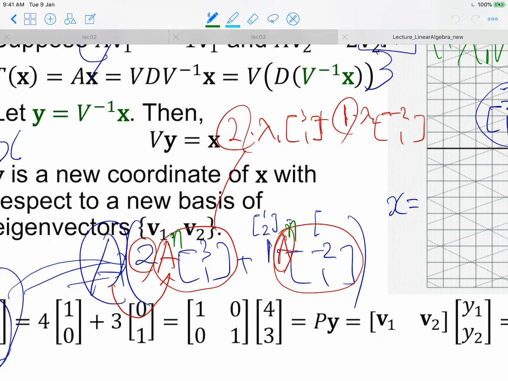But once we find the eigenvalues and eigenvectors, for whatever input vector, we represent it as a linear combination of eigenvectors, and then do the matrix multiplication with this input vector.